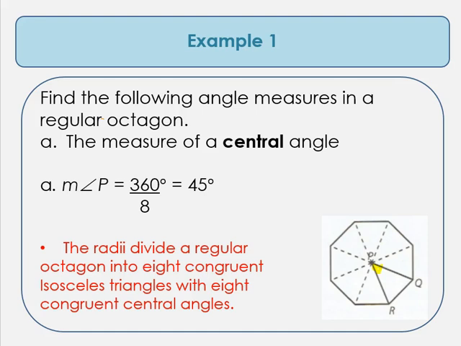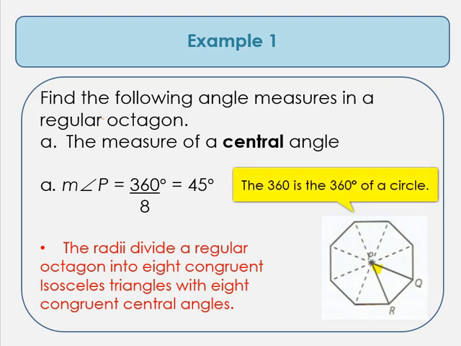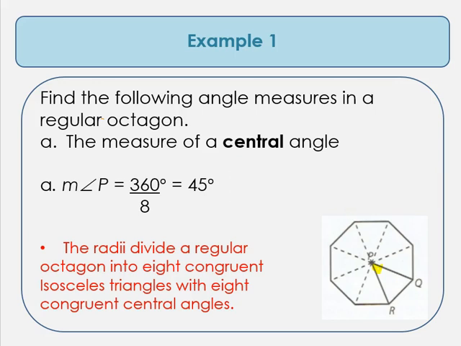If you can see what they've done, they have radii drawn in the polygon. And we have a triangle here that's formed. The measure of angle P, and it's difficult to see the P on the drawing, but this is a P, it's PQR, equals 360 divided by 8, which is 45.